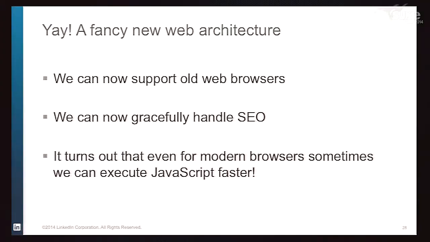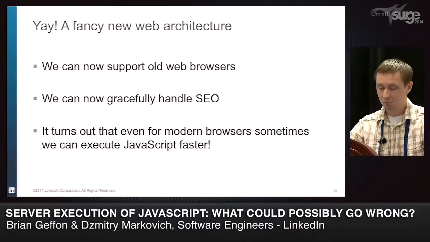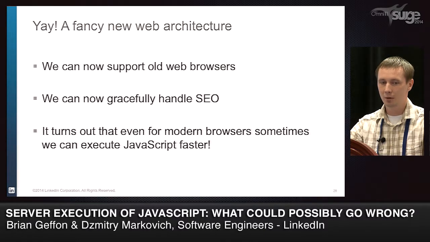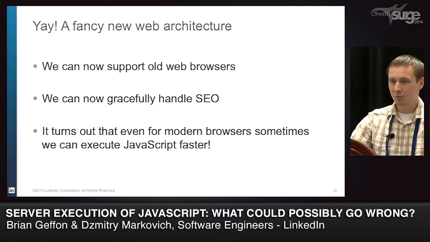So we said, yeah, that could be a new fancy architecture. One more: we had a client-side architecture, now we have a server-side architecture. Support all the browsers, all of them. With IE7 and sometimes with IE8, we had some very weird problems when our profile page took like 30 seconds to load because of the JavaScript and big JSON data on the client.